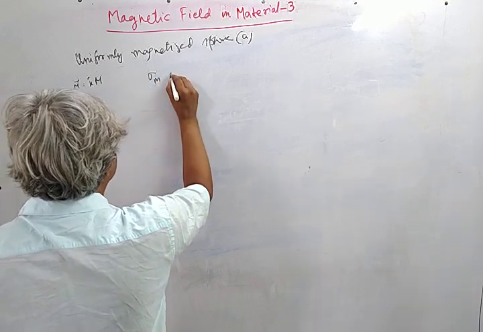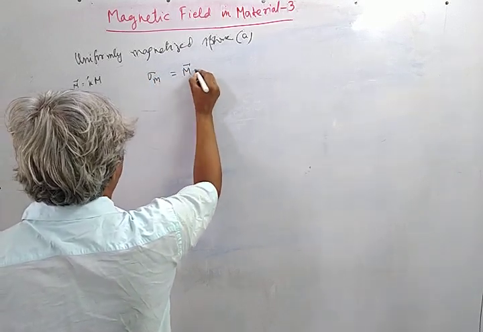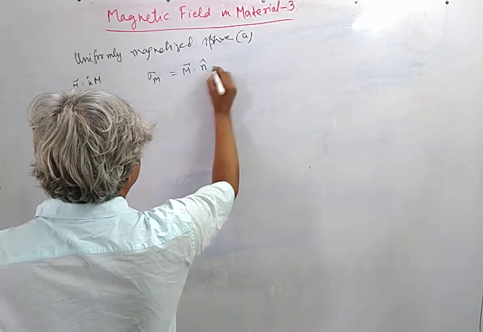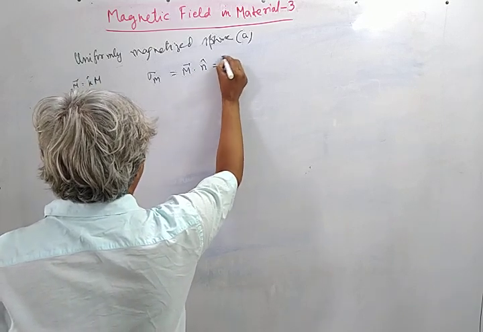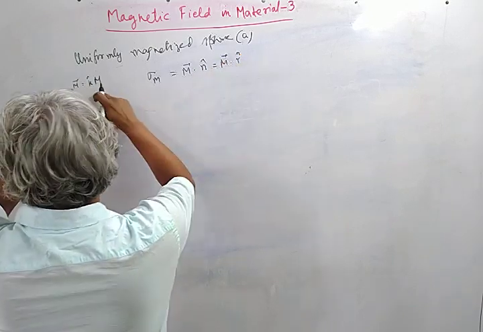So come to the pole density. Sigma m is equal to M dot n cap. In this case it is M dot r cap on the surface.